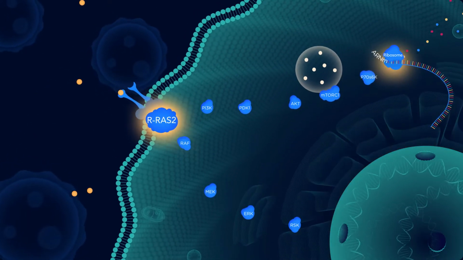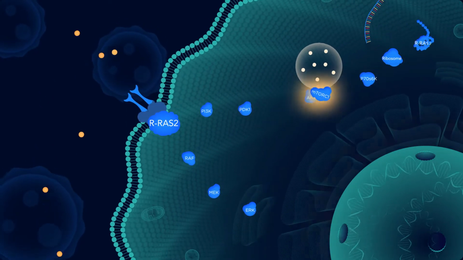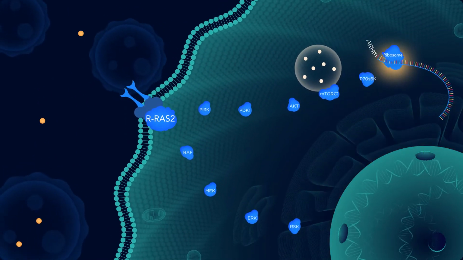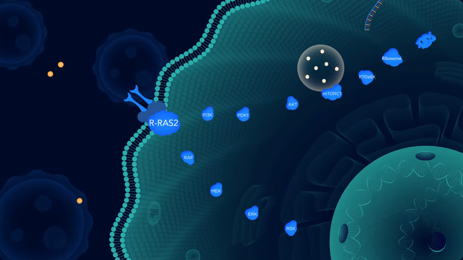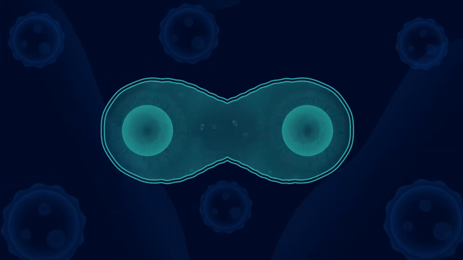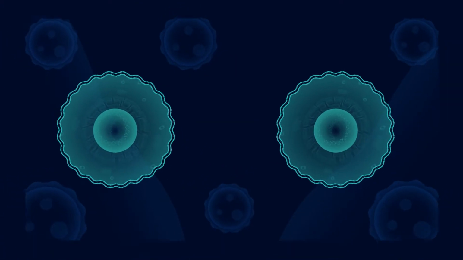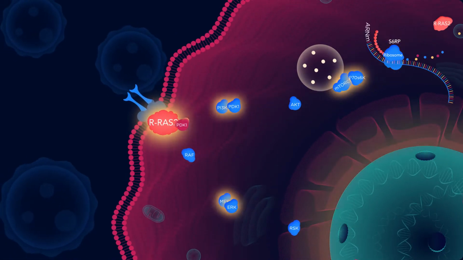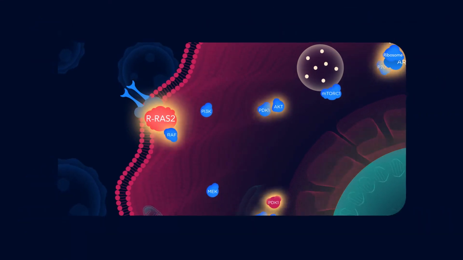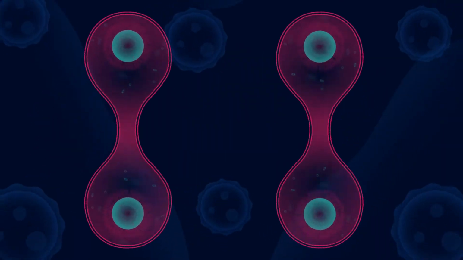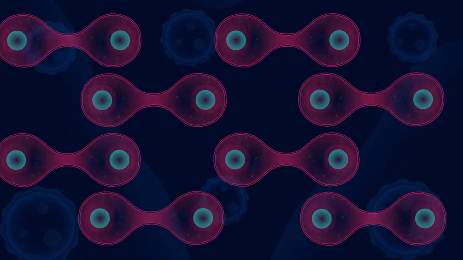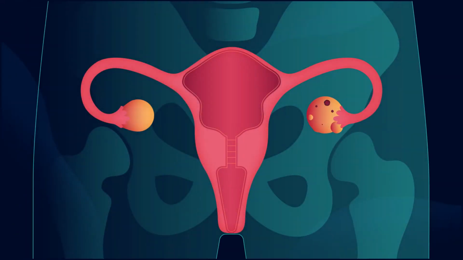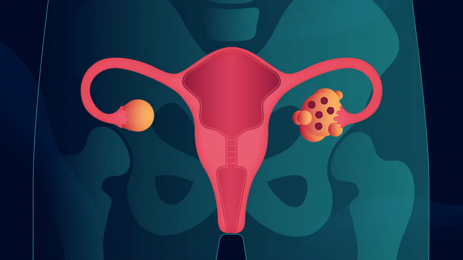The activation step is mediated by extracellular signals, leading to the generation of intracellular messages that tell the cells that it's time to start proliferating. However, when mutated, these proteins are continuously in the on state. And as a consequence, the cells start to proliferate without any control and eventually form tumors.